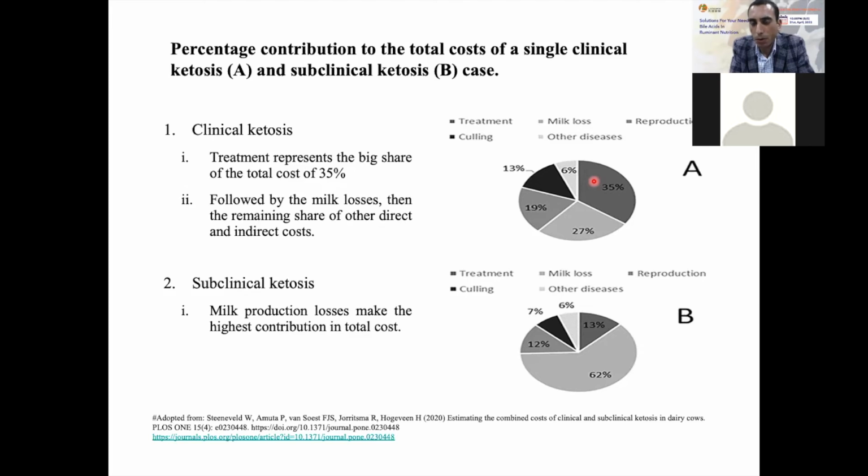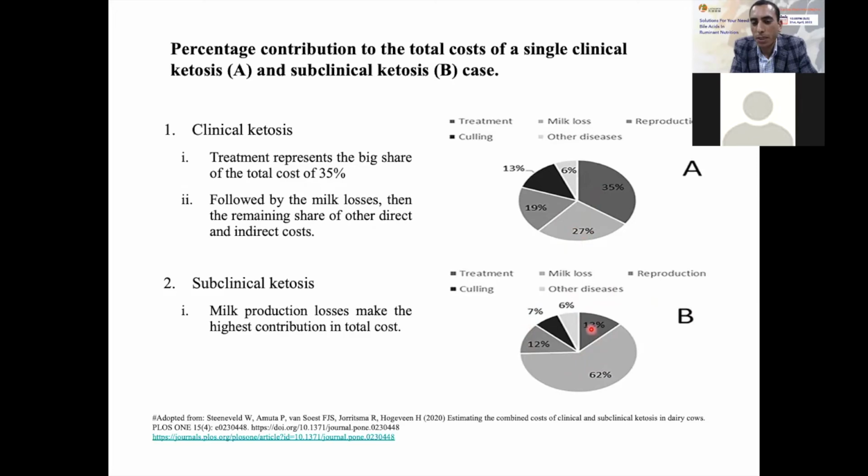The main contribution to the cost in clinical ketosis is the treatment, because the cow needs a lot of treatment, and this creates a cost for the dairy farm. The second one is the cost of milk production. If we compare with the contribution of the cost in subclinical ketosis, we can see the large portion of cost is referred to milk production, more than 60%, compared to 27%, more than double.